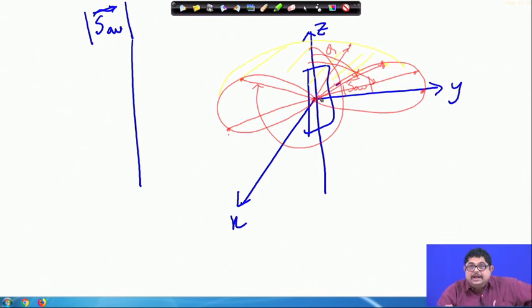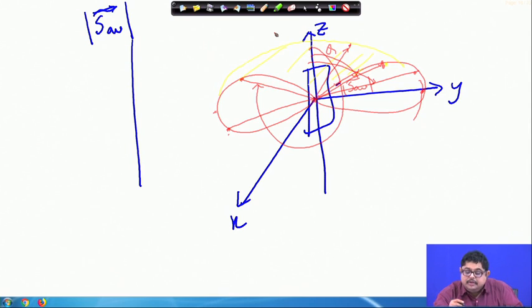So, that means along the direction of the current element where the current is flowing, there is no radiation, and it is having a maximum at broadside to this antenna. That means, if this is the line, here is maximum, here is maximum, here is maximum.